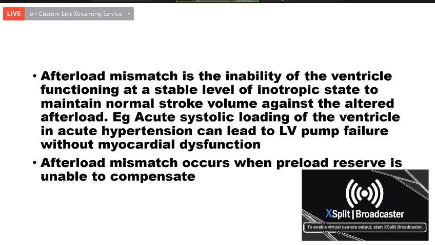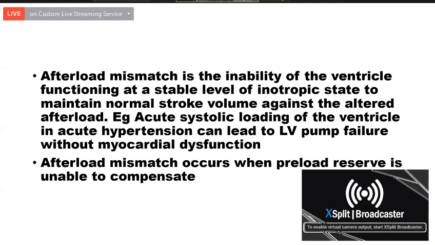If there is an acute rise in the blood pressure, there can be an afterload mismatch. The left ventricle will develop pump failure without myocardial dysfunction. The most important thing is that every parameter of myocardial function, including contractility, is still maintained; the only thing which has changed is the afterload.